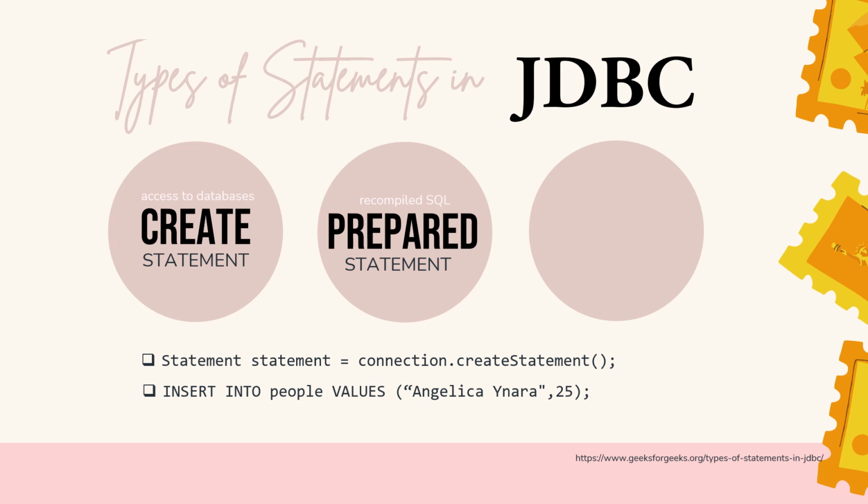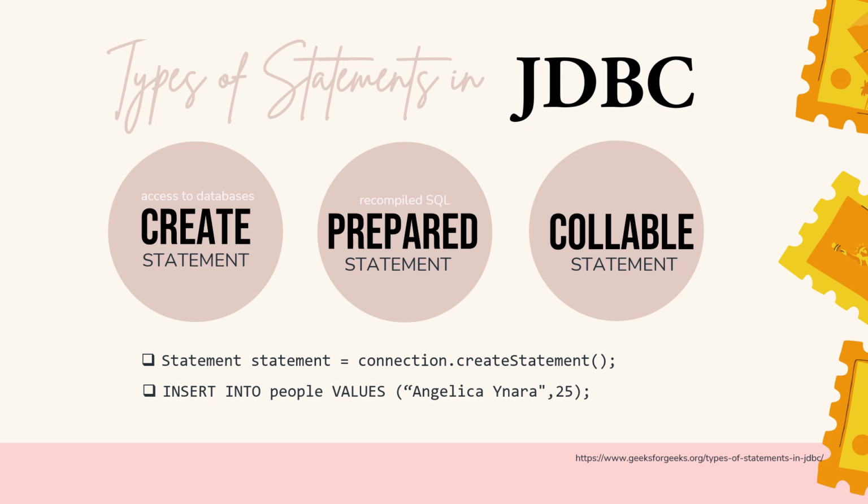And lastly, we have the callable statement. Callable statements are stored procedures, which are a group of statements that we compile in the database for some tasks. They are beneficial when we are dealing with multiple tables, with complex scenarios, rather than sending multiple queries to the database.